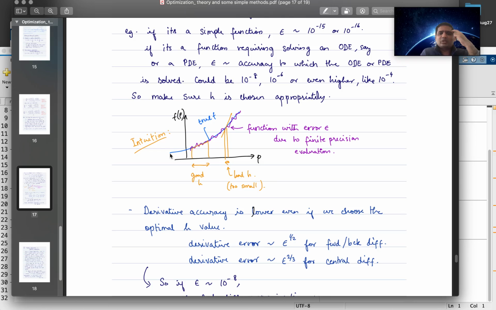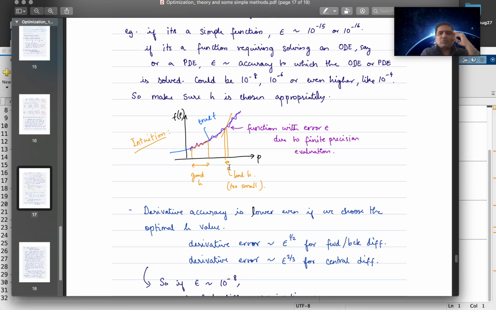If you take too large an h, like let's say you take an h from here to here, then you will basically miss this curvature in the function. The curvature will affect your estimate of the gradient, right? So if you take too large a step, you will not be able to get this slope, but you will get basically this slope. Let's say you want to evaluate the function gradient or the slope here. If you take too large a step, then you will obviously get a wrong gradient value. So too large is bad.